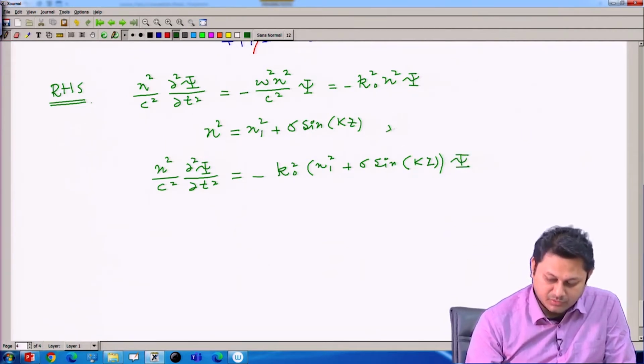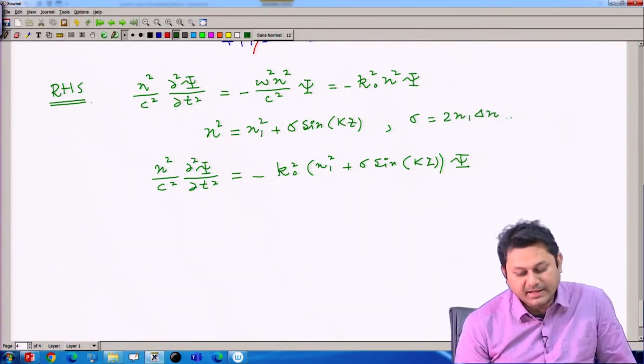Here you should remember the sigma was 2 n 1 delta n. So, this is roughly the right hand side.